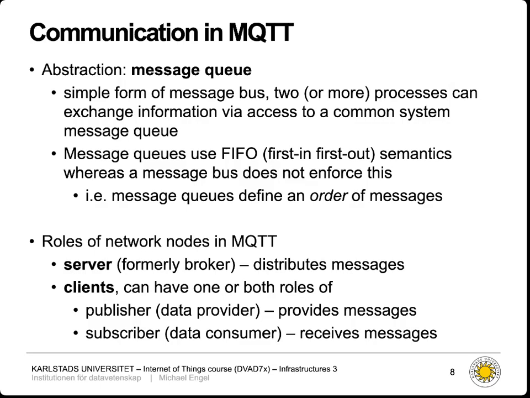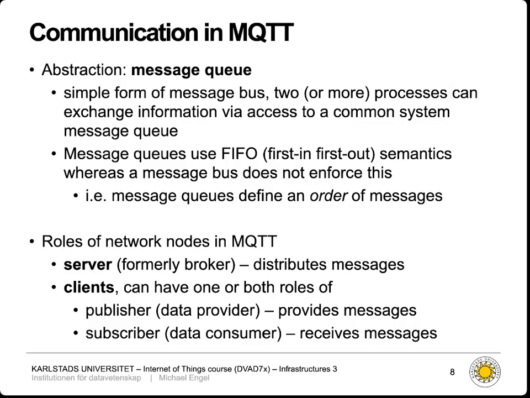Now, message queues have certain semantics, and they use the so-called FIFO semantics. FIFO means first in, first out. So this describes the order of messages. A message that's sent in before another message at one end of our message queue is guaranteed to come out in the same order at the other end. So the message that was sent first will also be received first.